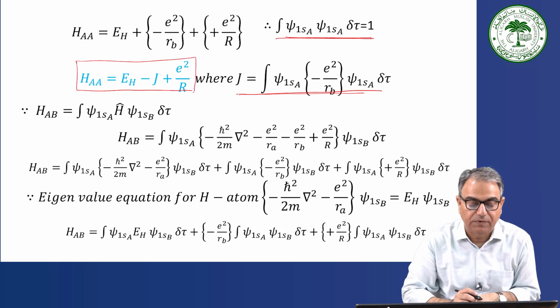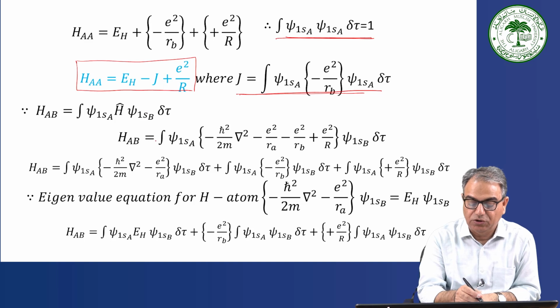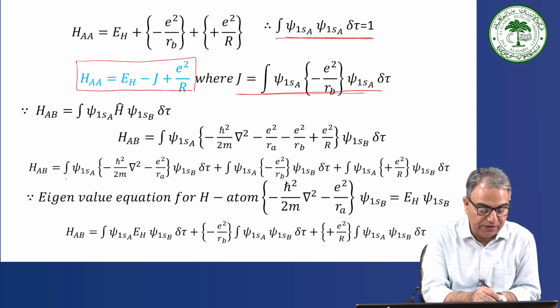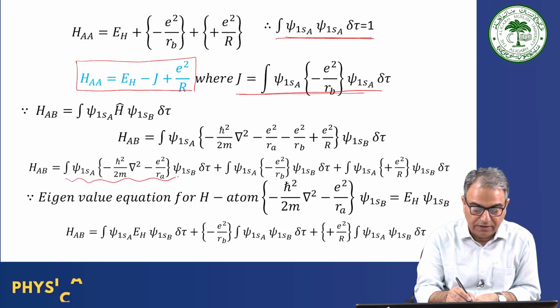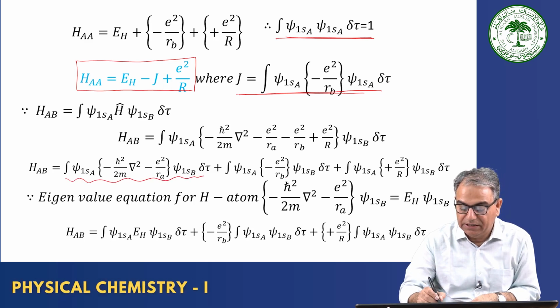And exactly in the same fashion, you can find out the HAB value. HAB is the integral of psi 1sA H psi 1sB d tau, and you put those terms. Again you use the hydrogen atom Hamiltonian, then minus e square by RB and plus e square by R, and again you use the eigenvalue equation of the hydrogen atom.